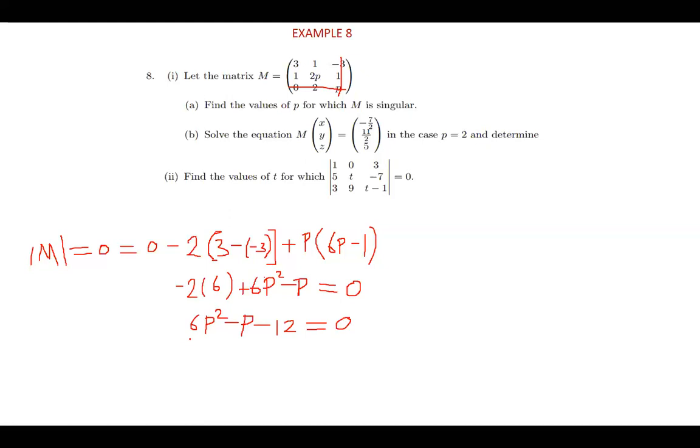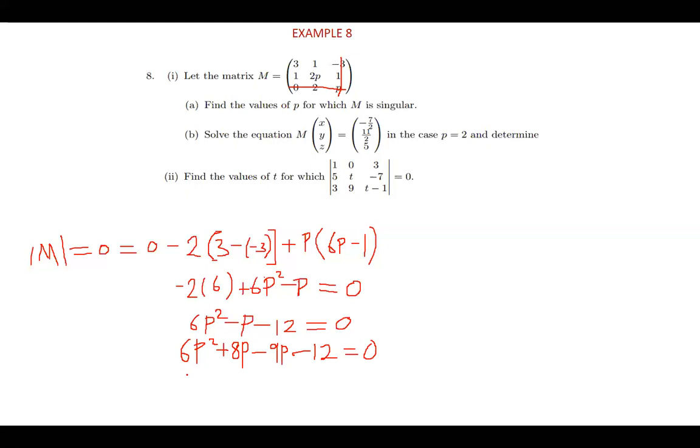So this is going to be 6p squared here. And then here we're going to have positive 8p, and then negative 9p. And then we write a minus there, then 12 is equal to 0.